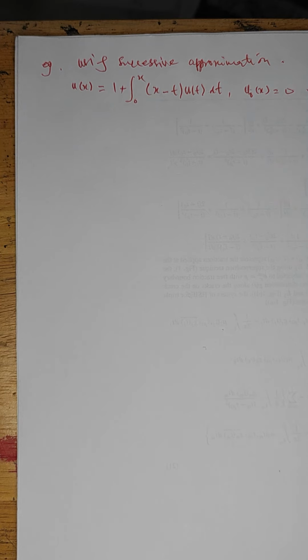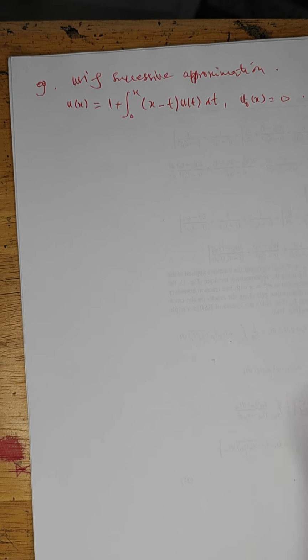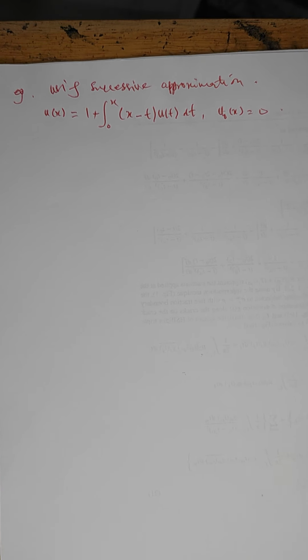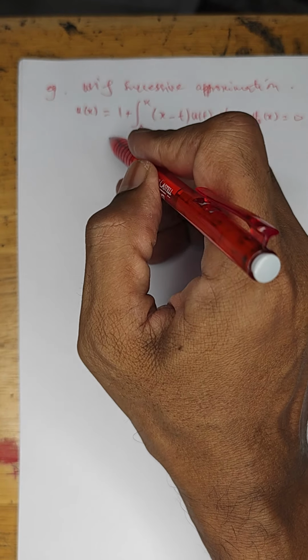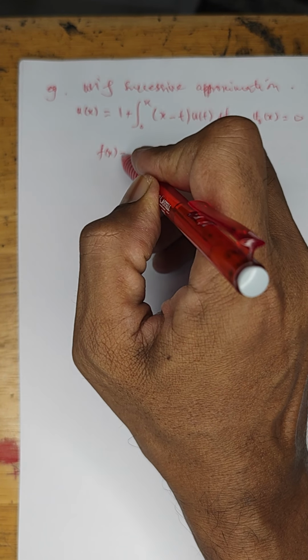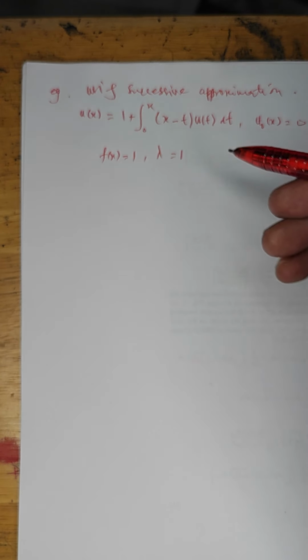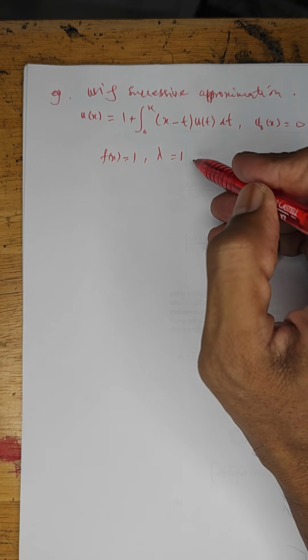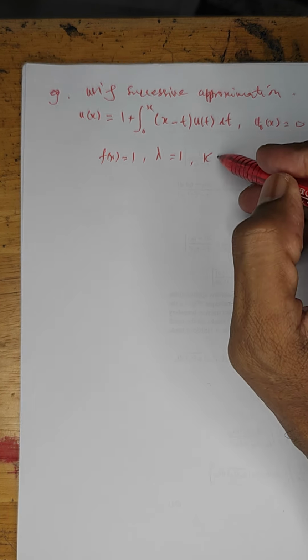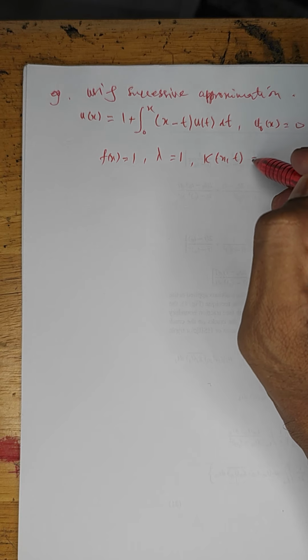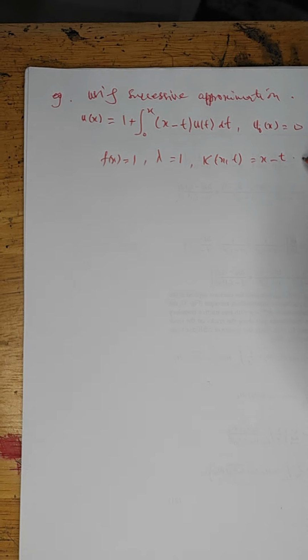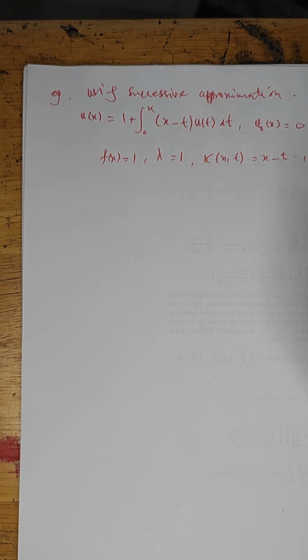Okay, so of course, first of all, identify by comparing with the general form. Our f(x) in this case is 1, our lambda is 1, our kernel K(x,t) is x minus t, and our u0(x), the initial or zeroth approximation, is 0.